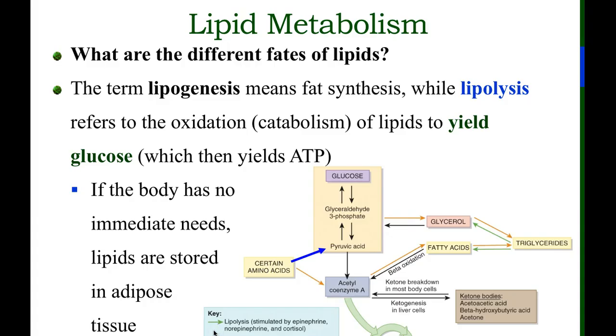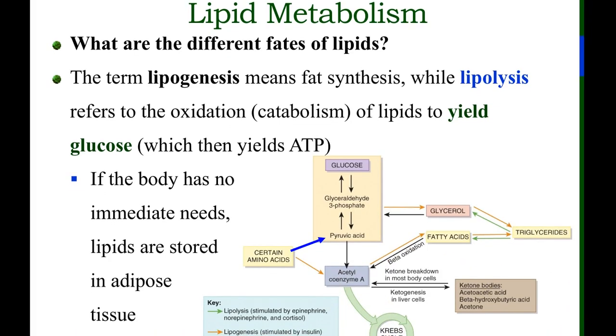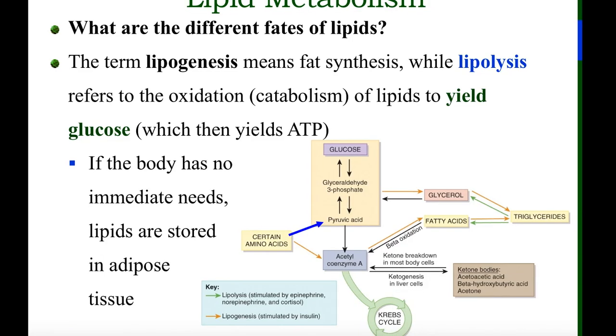This is a nice summary diagram just to show you that everything is getting a little bit cut off here. But right there, if I bring this down for a sec, notice how glucose, amino acids, and triglycerides have a common breakdown product, which is acetyl-CoA.